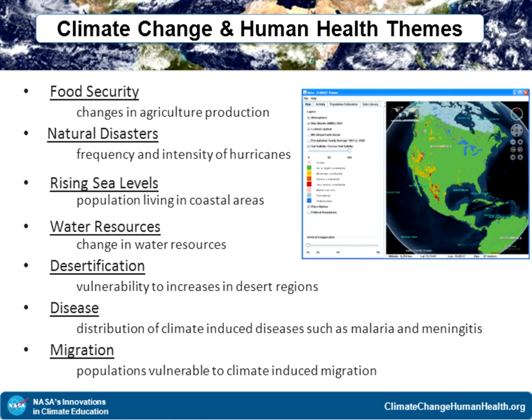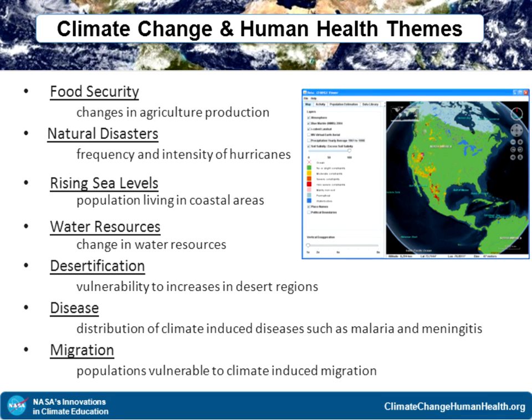So the themes that we're developing, and we'll explore just one of them in a second, are looking at food security, natural disasters, rising sea levels, water resources, desertification, disease, and migration. All of these are very complex issues, and they're very interrelated and intertwined. So being able to examine just one pattern, but realizing that it doesn't stand alone and that everything is integrated.